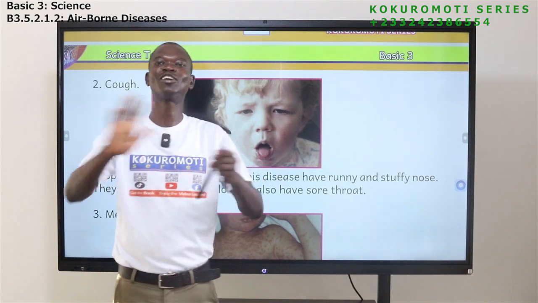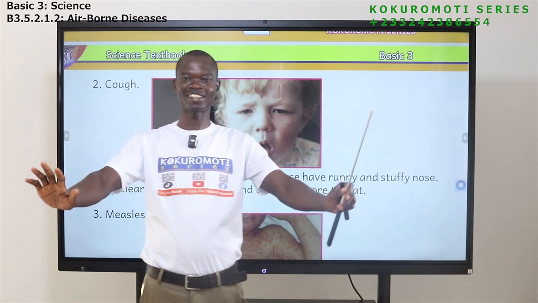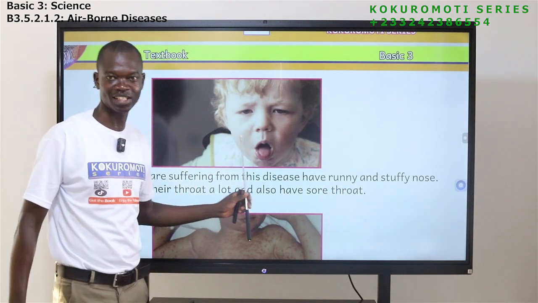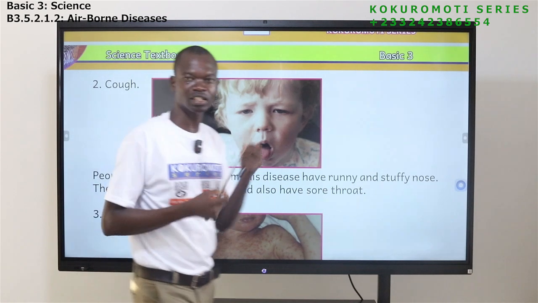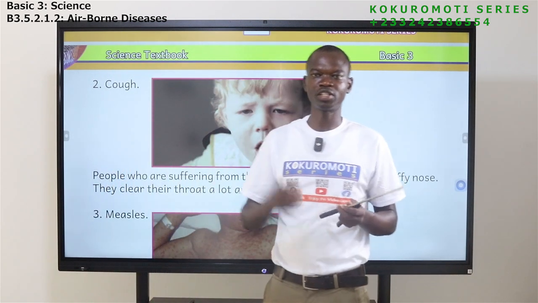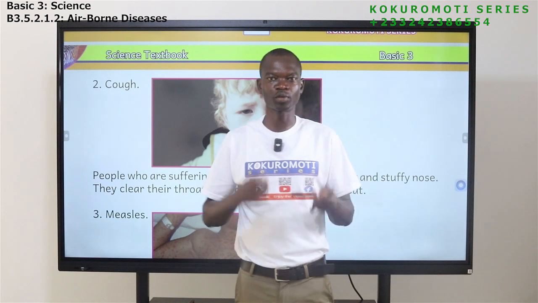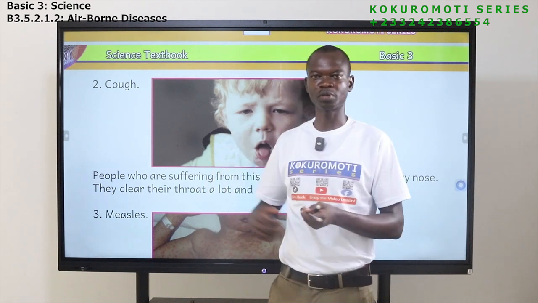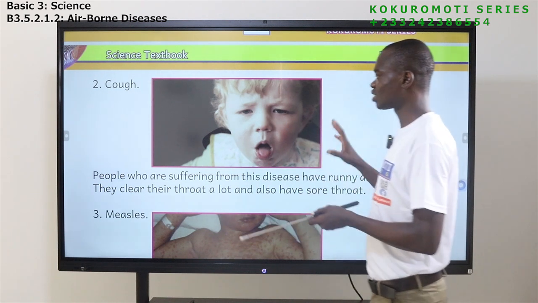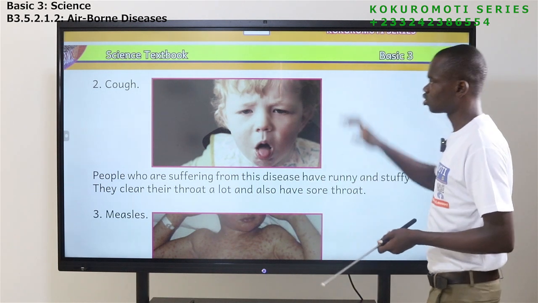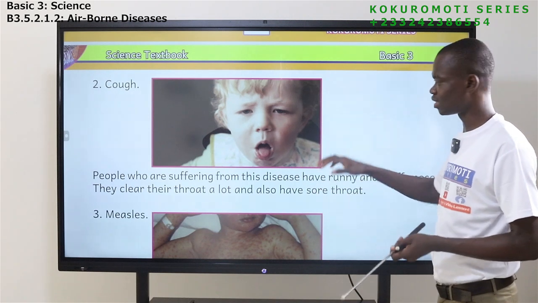How can all of you clear your throats? One, go. It's okay. So people who are suffering from this clear their throats. Sometimes they have a runny and stuffy nose. When they are breathing, they suffer. You could even hear that they are struggling with air. These are some of the things that people having this airborne disease pass through. So cough is one of the airborne diseases.